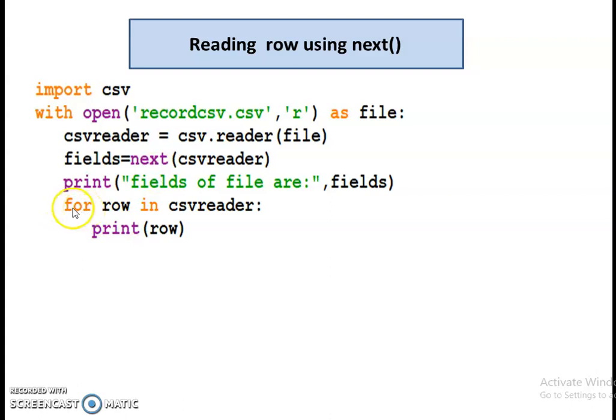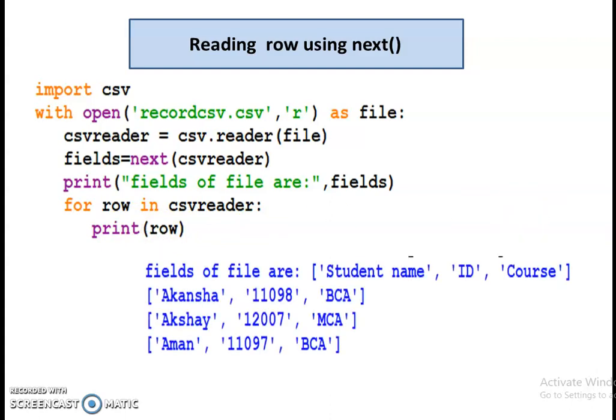So here we are writing for row in csv_reader colon, and we are printing the value of row, right? After running this code, you can see first of all it is printing the statement, fields of file are, and the value of this.